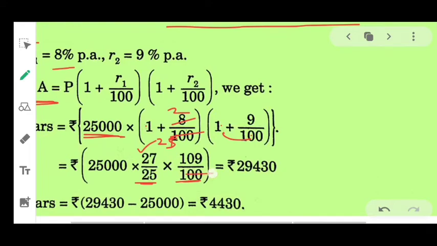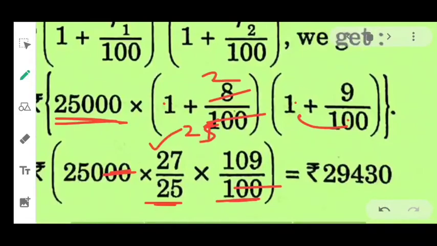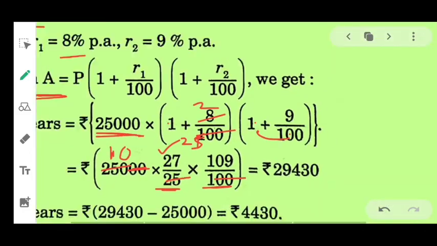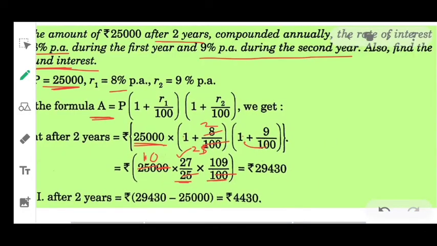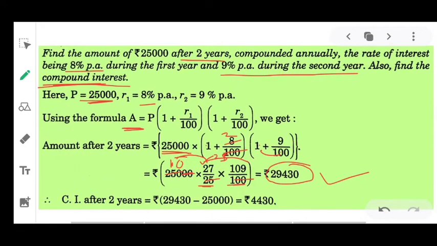So first the zeros will be cancelled, and this one 250 by 25, that will be 10, okay. So 10 into 27 into 109, that will be 29,430. That is the amount after 2 years.